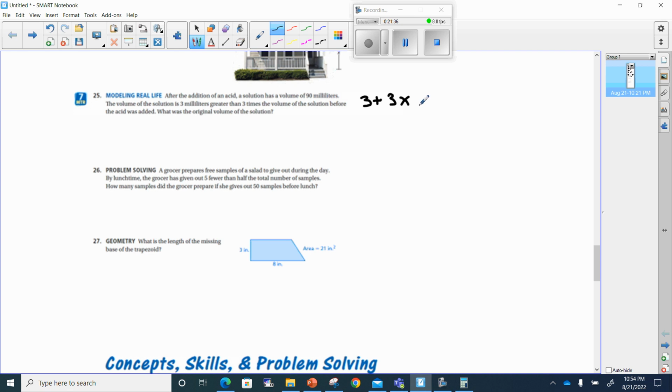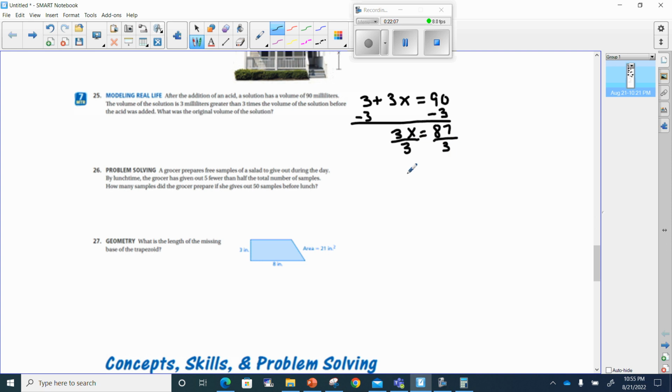So I'm thinking it's probably going to be this formula here. To solve this, we will have to subtract 3 from both sides so we can get 3x by itself. This will leave me with 3x is equal to 87. Now we're going to have to divide 3x by 3, which means we're going to divide 87 by 3.